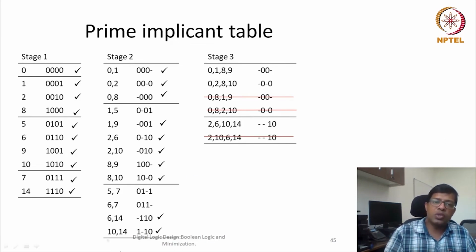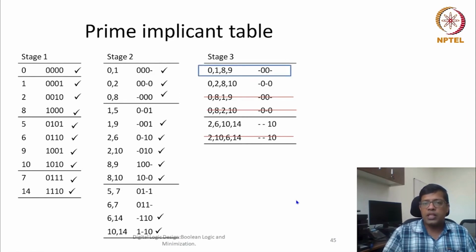All of them have been covered, so we can simply tick all of them. So that means these min terms are not prime implicants, or there is a larger implicant present of which these min terms are a subset. Okay, so after looking at all these, now we can clearly mark what our prime implicants are.